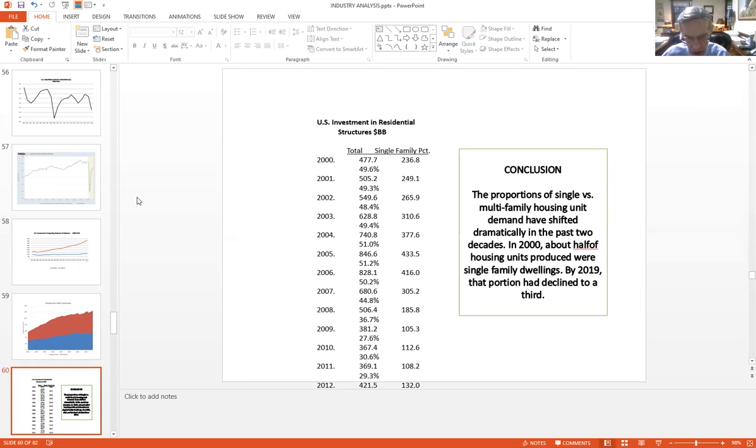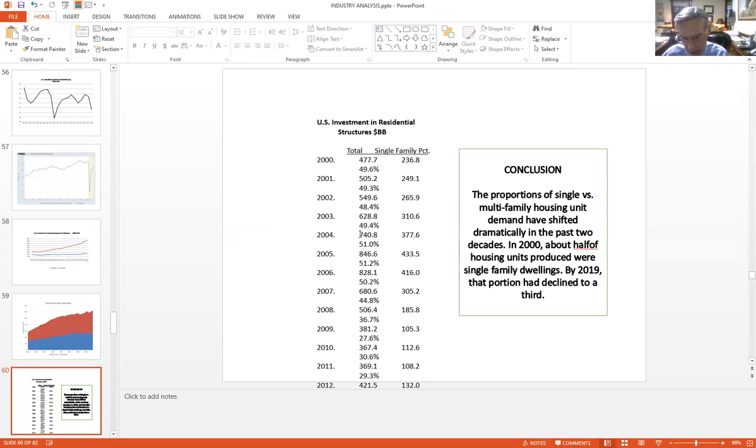And it looks like I've gotten my table mixed up a bit, but long story short, we start out with single family percentage at about 50%, and by the time 2012 came around, it was down to 29%.